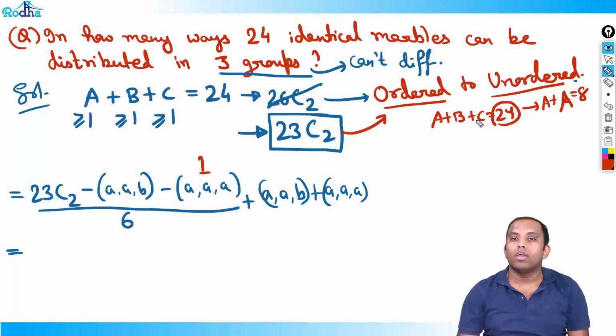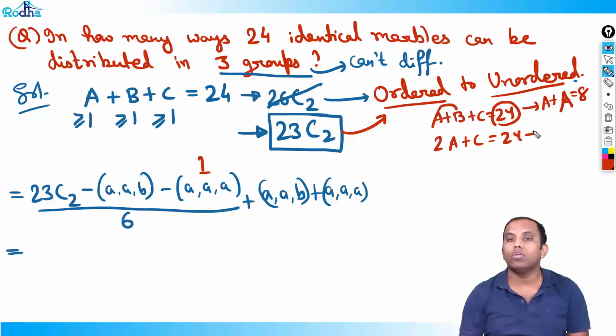Now AAB cases, for A equal to B, that means 2A plus C is equal to 24. So A can take all the values from 1 to where? C cannot be 0. C has to be at least 1. That means 2A is equal to 23, so A is 11.5.